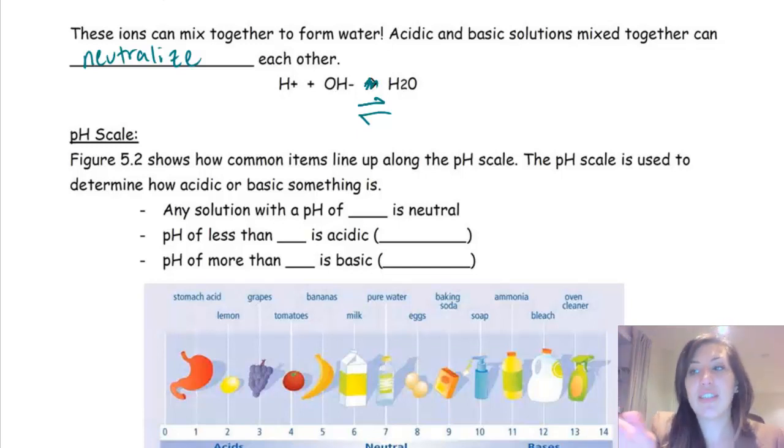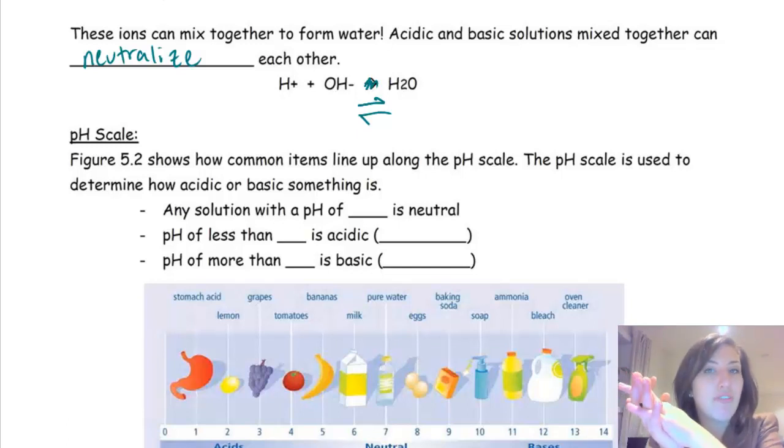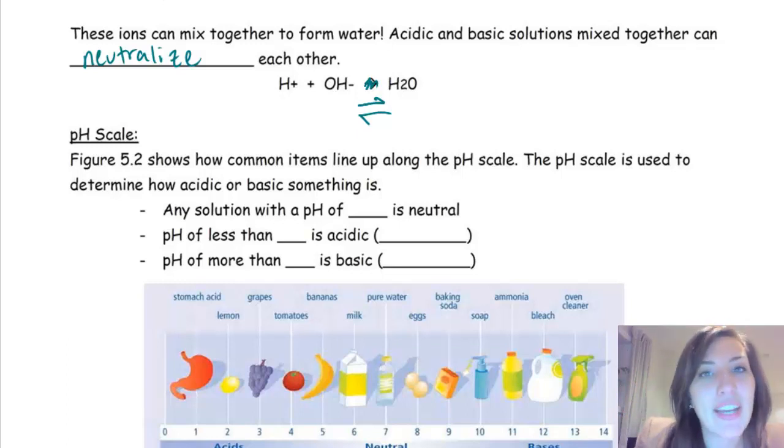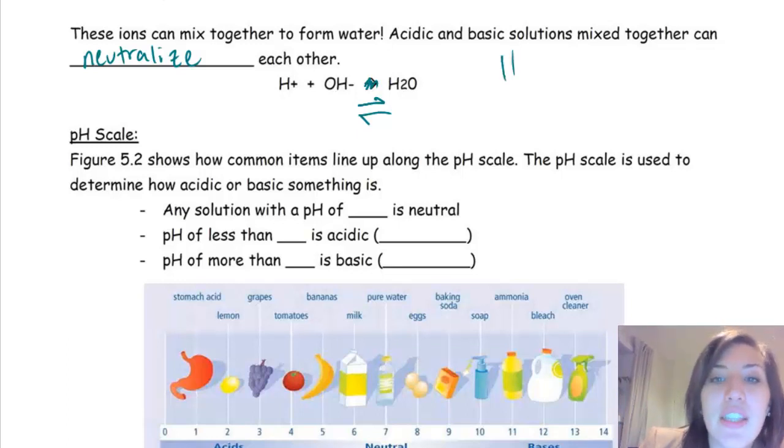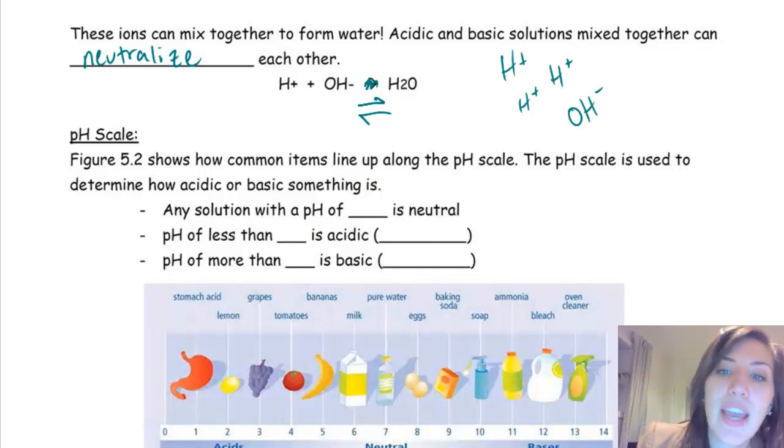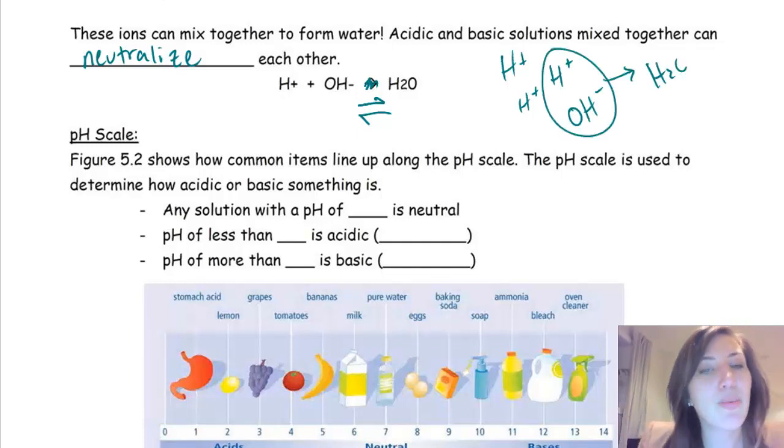The extra hydrogens get paired up with a bunch of the hydroxides that you eat in your tablet, and those create water. So if you have lots and lots of acid, you can add a base to that, and these will make a water molecule. In this way, you're neutralizing, you're evening out the different ions.